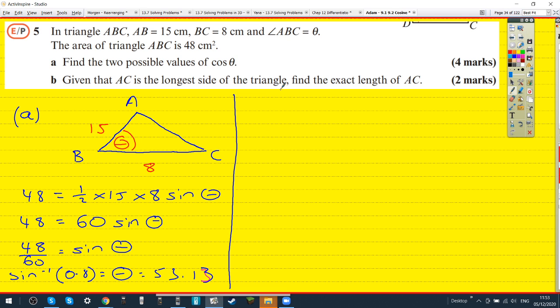Any idea how we go about that? Do we use the cosine rule then? No. What is cos theta?